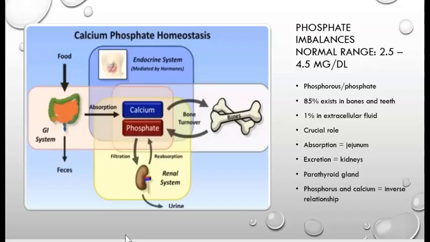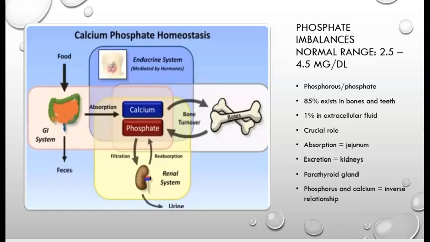So it's ingested in diet, it's absorbed in the jejunum, and excreted by the kidneys. When intake is low, the kidneys will conserve this and vice versa. So this is inversely proportionate with calcium, so that means if the calcium levels go up, the phosphate levels go down.